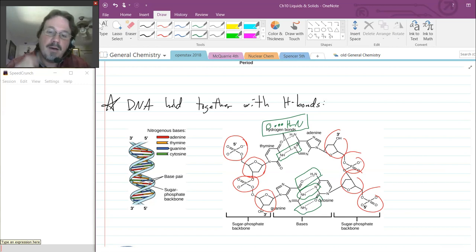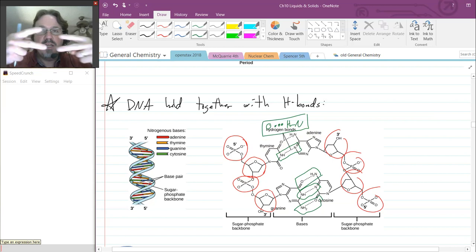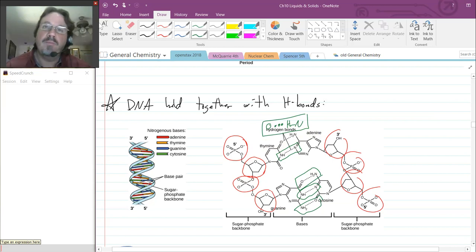And if you think about it, if you've got a DNA that's composed of a whole bunch of thymines and adenines, they're held by 2 H bonds each, 2, 2, 2, 2. If you have DNA with a whole bunch of guanines and cytosines, that has 3 H bonds, so 3, 3, 3 going on down. That is going to have a much higher melting point.